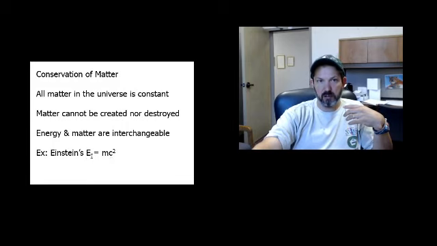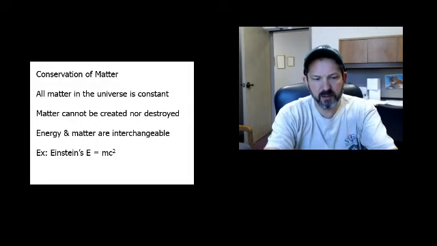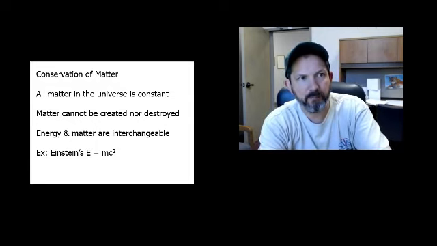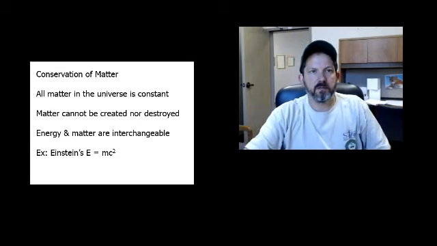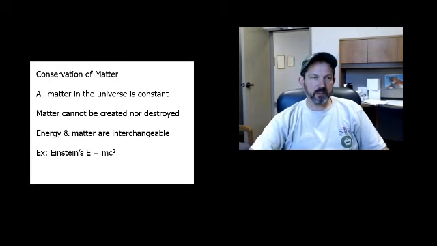So E is energy, M is mass, C is a constant, and the constant is the speed of light. The speed of light is huge, huge, huge. So how big, when I say speed of light is huge, let me just bring that up for you, because I can never remember the exact. 299,792,458 meters per second, or approximately 3 times 10 to the 8th meters per second.